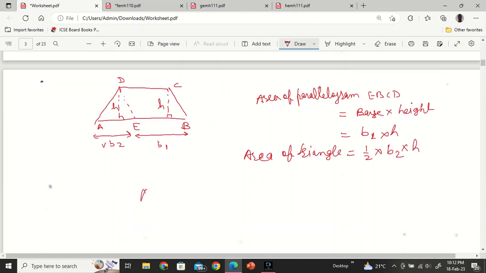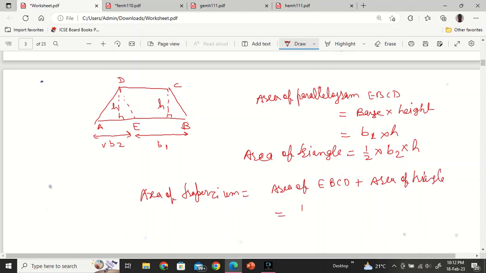So area of trapezium is equal to area of EBCD, that is a parallelogram, plus area of triangle, is equal to base B1 into height plus 1 by 2 into B2 into height.